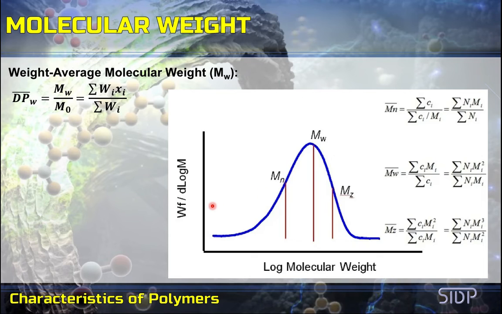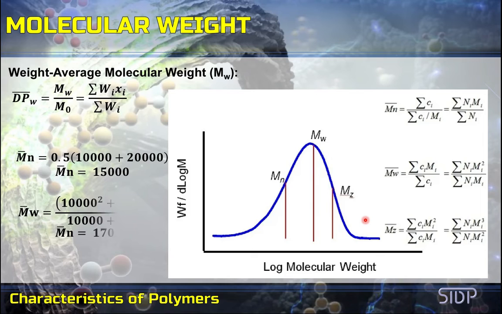Thus, for a polymer sample containing 50 mol% of a species of molecular weight 10,000 and 50 mol% of a species of molecular weight 20,000, equation 1 and equation 5 give us that Mn is 15,000 and Mw is 16,700.